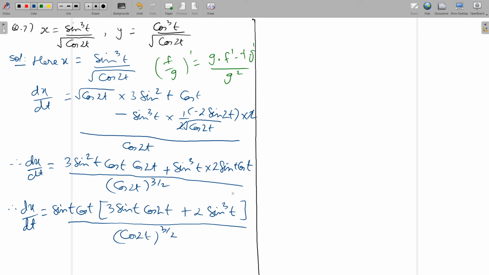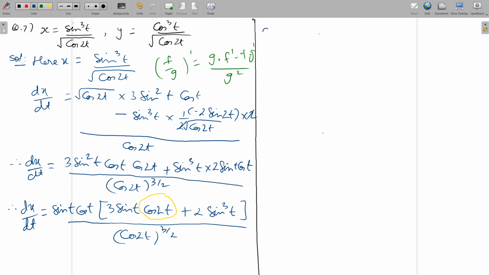And here we can see that if we rewrite cos 2t in terms of sine, we know how to write cos 2t in terms of sine, then we can get all the terms here in terms of sine. So let us do that one.